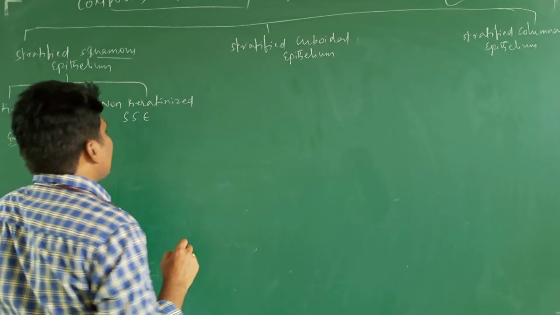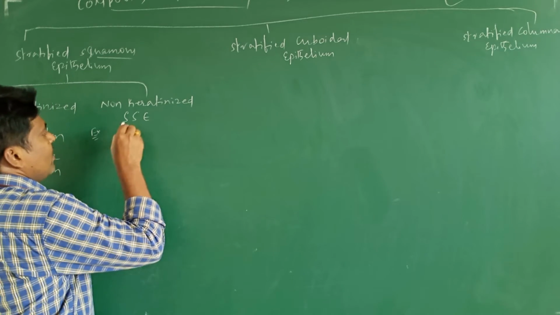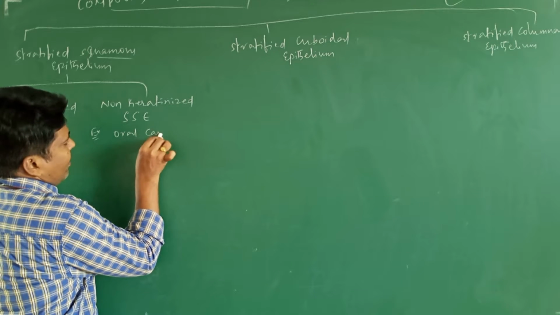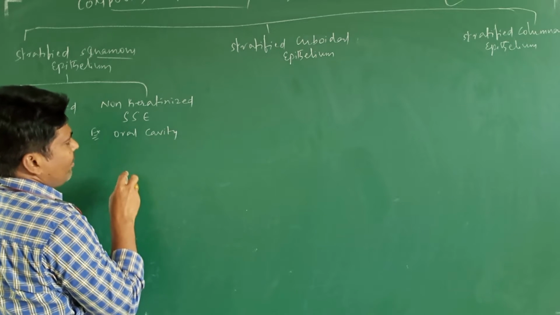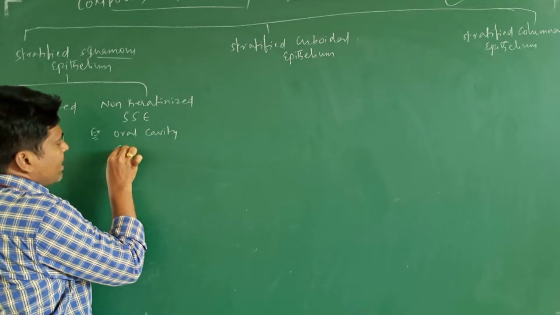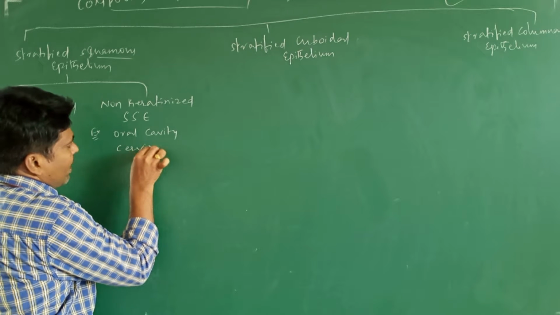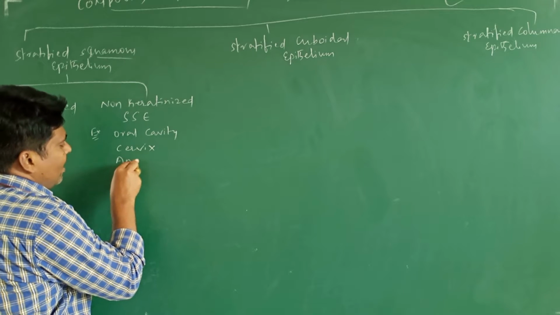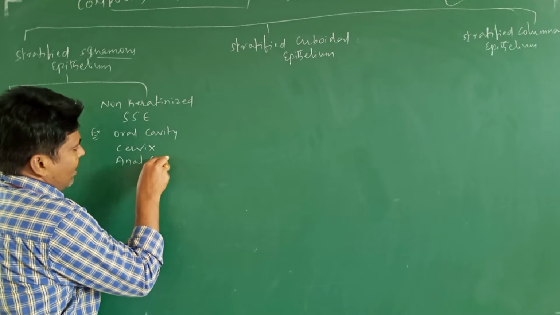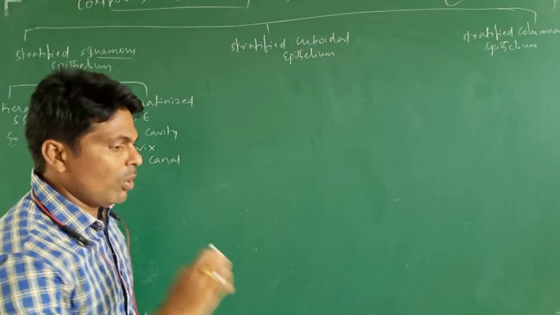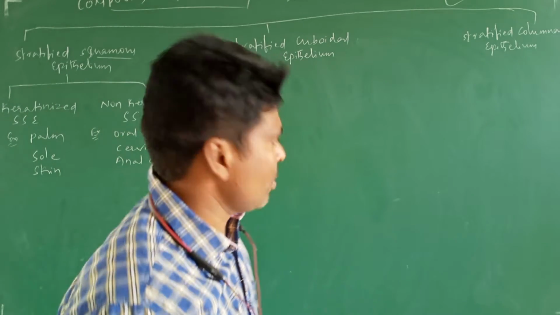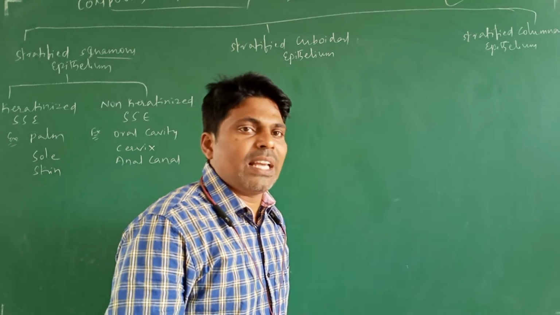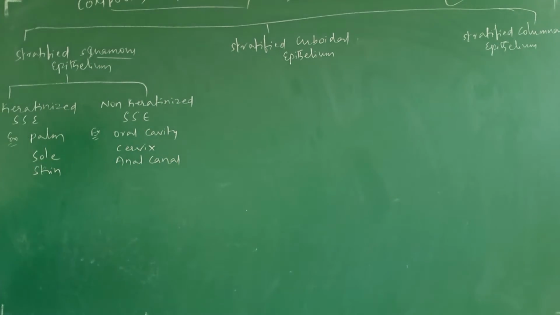This non-keratinized stratified squamous epithelium is present in the oral cavity, next the cervix region of the female reproductive system, next the anal canal, the canal through which feces come out.